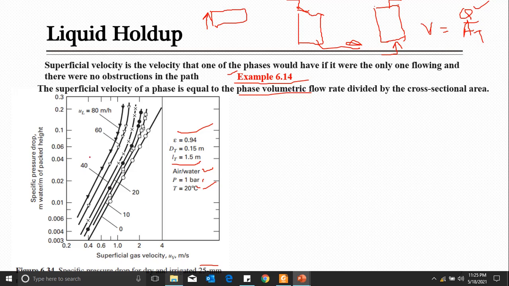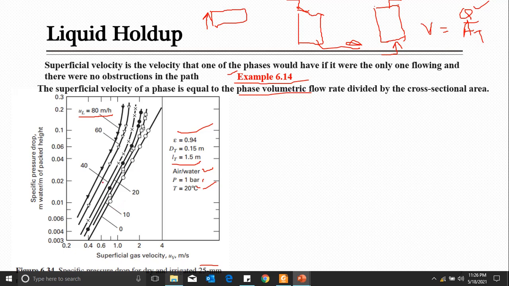So when you look at these number of curves or lines here, as I told you, on the x-axis we have superficial gas velocity and on the y-axis the specific pressure drop. They are plotted along with a third parameter, which is here the superficial velocity of the liquid, represented as UL and given in meter per hour.